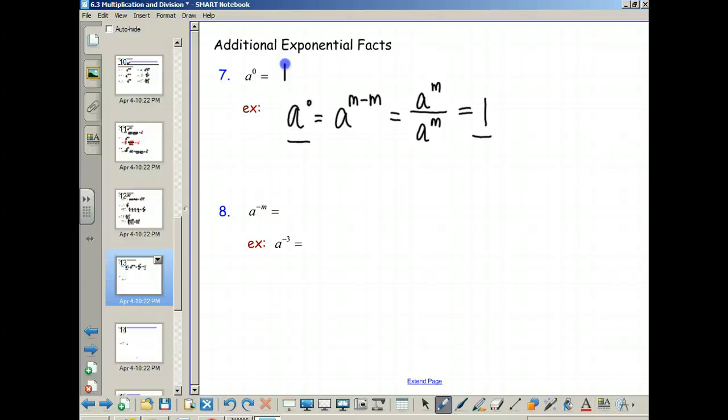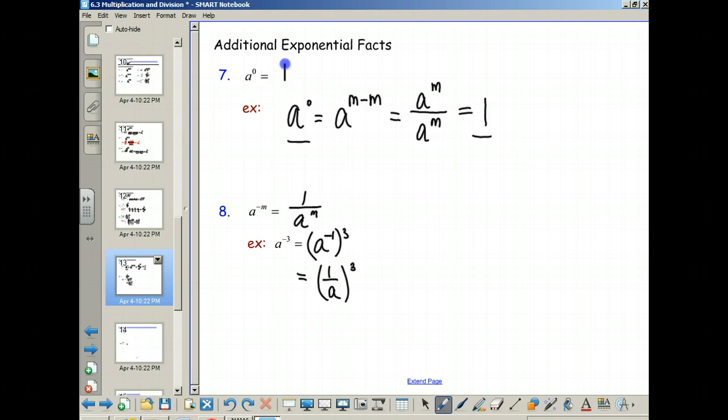Last one, property number 8, a to the negative m. This is the same as 1 over a to the m power. So this is kind of like property 6. I can take this negative 3 and I can write it as negative 1 times 3, because negative 3 is negative 1 times 3. We already talked about negative 1 being a reciprocal, and the reciprocal of a is 1 over a, and then a power of 3.